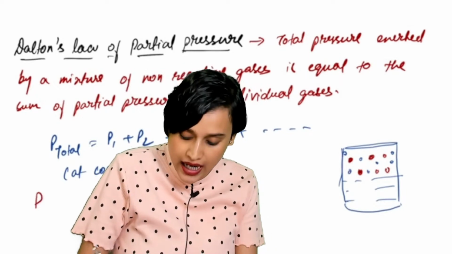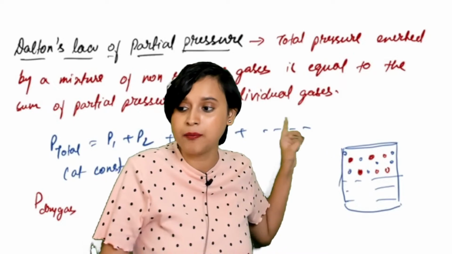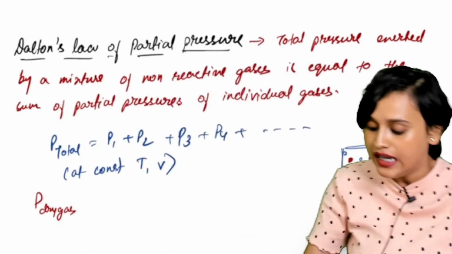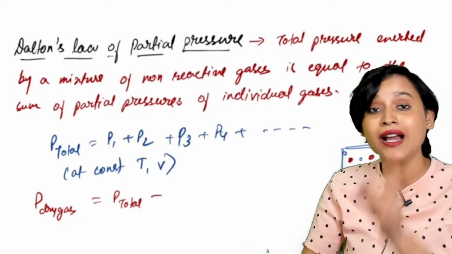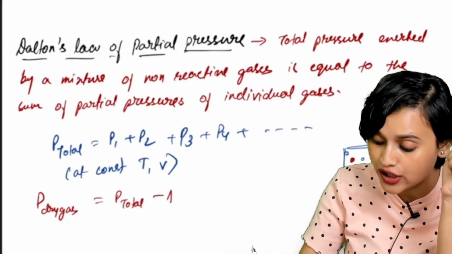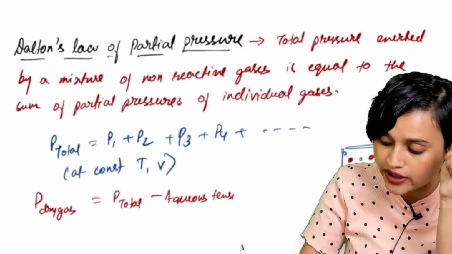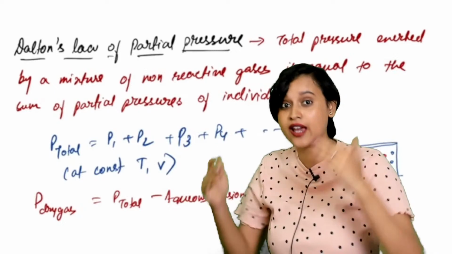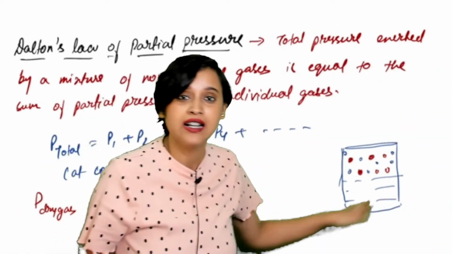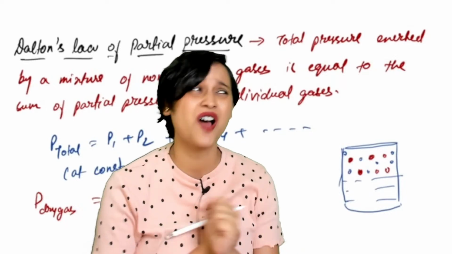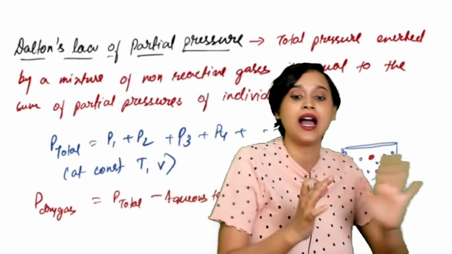I will write that P of dry gas, just the pressure of the dry gas, is equal to P total minus aqueous tension, the tension that is there because of this liquid. This liquid being there gives us some stress, so you just have to subtract aqueous tension.